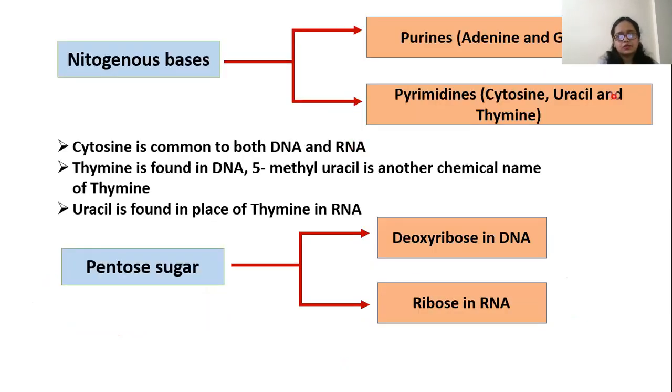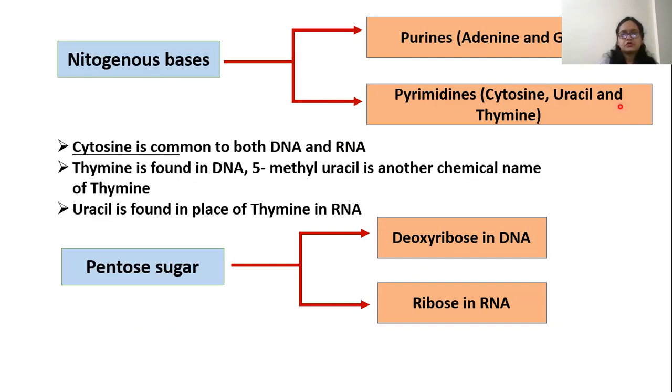Now, what are nitrogenous bases? Nitrogenous bases which are found in DNA are generally of two types, purines and pyrimidines. What purines are found in DNA? They are adenine and guanine. Pyrimidines are cytosine, uracil, and thymine.